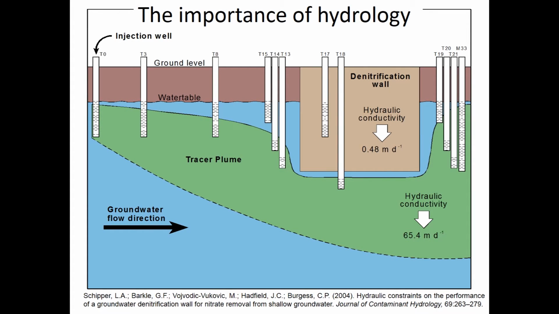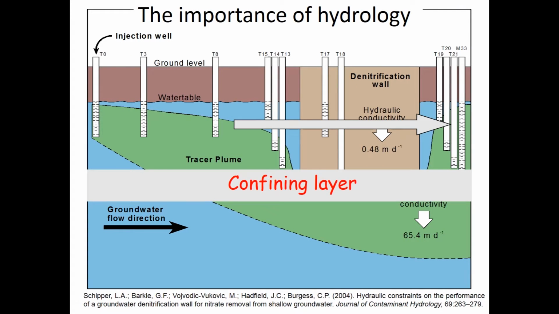There are places where this is not sensible. And there are places where it is probably sensible. You guys, from what I can see around here, you have a lot of these kinds of clay lenses. And if you can tap down into that, decreasing the hydraulic conductivity to half a metre a day is not a problem, because it'll still go through that system. But it will be context and soil specific.